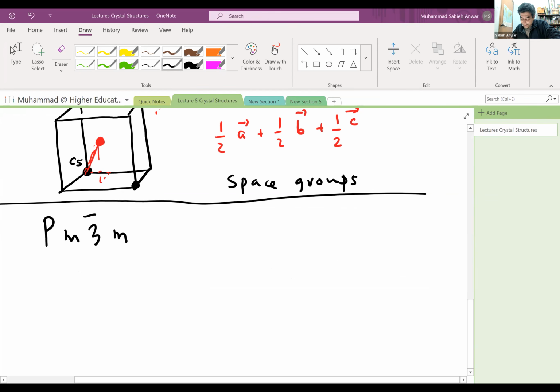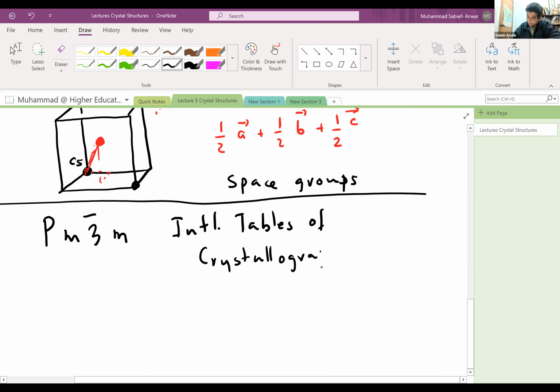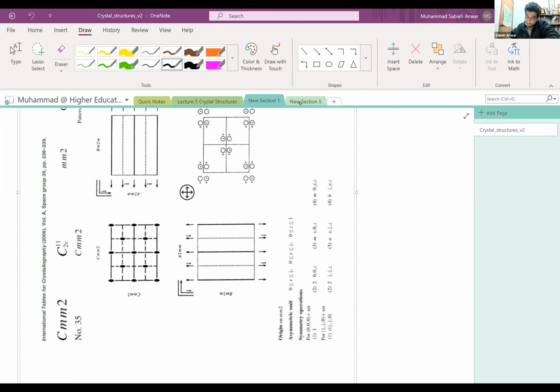Now, if I look up this space group and see what it means, I need to look up the International Tables of Crystallography, volume A, which is the compendium of all the 230 space groups. And let me show you what this crystal structure looks like. Here you go.